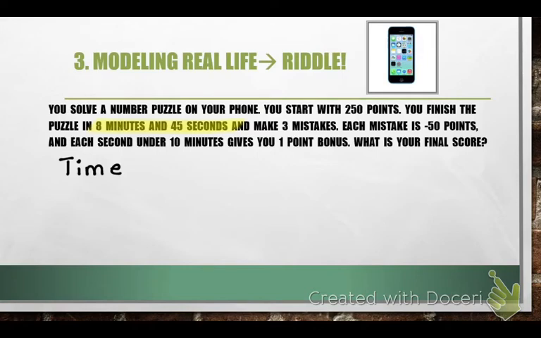So let's try to figure out how much time did we have left before we got to that 10-minute mark? Not 135. 115. 1 minute and 15 seconds, okay? Because think about it. If you added 15 seconds to that right there, you'd be up to 60 seconds, right? And there's 60 seconds in a minute. And then that would only be 9 minutes total.